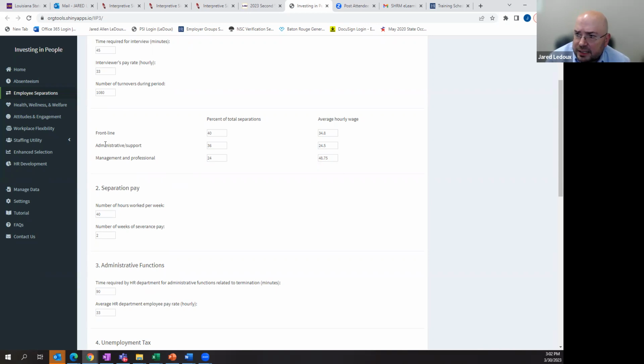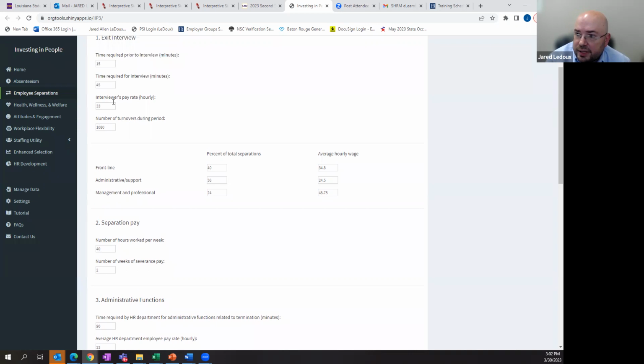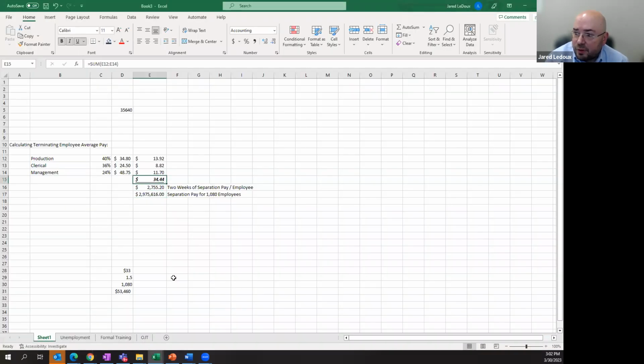If we go back to the other component of this, which is the exit interview, if you want to try and get to this outside of the calculator, we've referenced that it takes 45 minutes to conduct an exit interview for each one of those employees, right? So that's 45 minutes of this person's time as well.